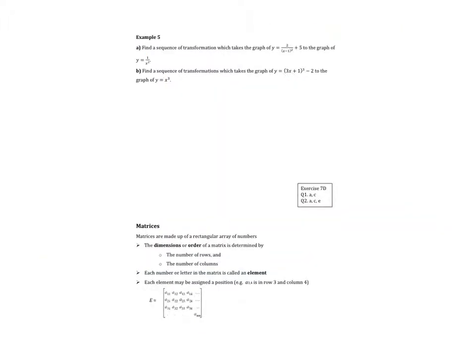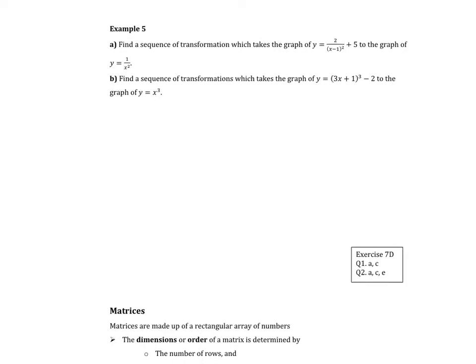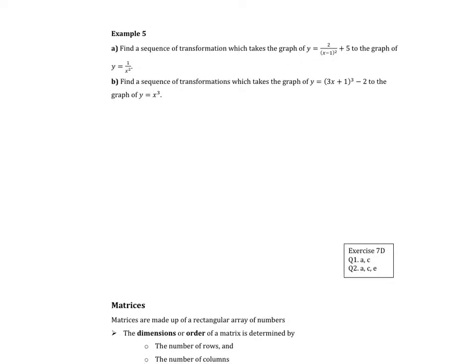Let's have a look. Last one. All right. Now this one is exactly the same, except in this case, I'm starting with what we would consider to be a transformed function and turning it into my original function or my standard function. So again, I want to get them both in the same form so I can compare them.